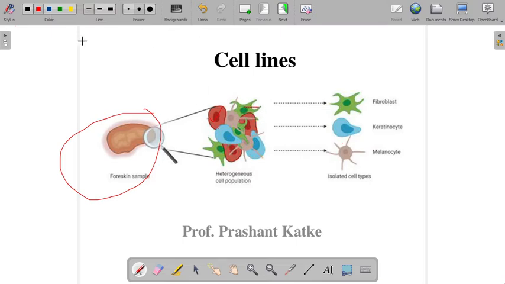And if we culture them primarily, then we will get fibroblast cells, then keratinocyte cells, right, then melanocyte cells. So different types of cells we generally get out of this heterogeneous cellular population.